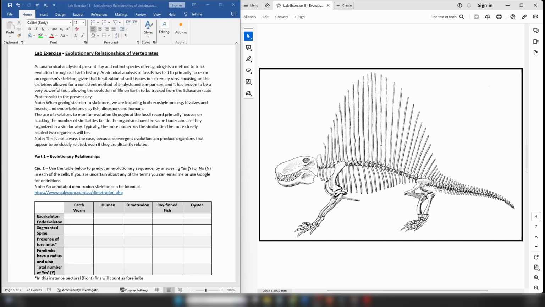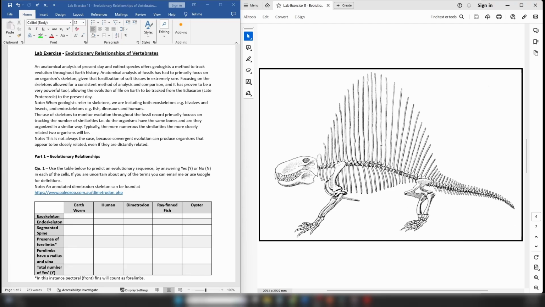So the classic example is ichthyosaurs, dolphins, and sharks. Ichthyosaurs are reptiles, sharks are fish, dolphins are mammals. Completely different lineages. However, convergent evolution has resulted in very, very similar body designs. And that's simply because it's the best body design for that particular environment.